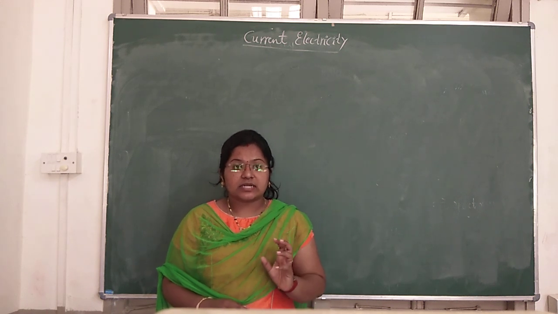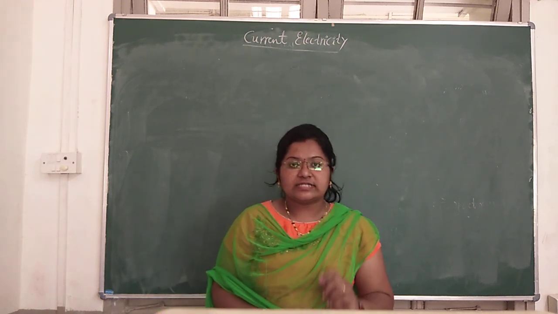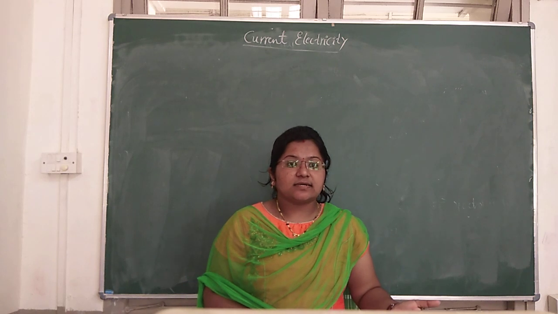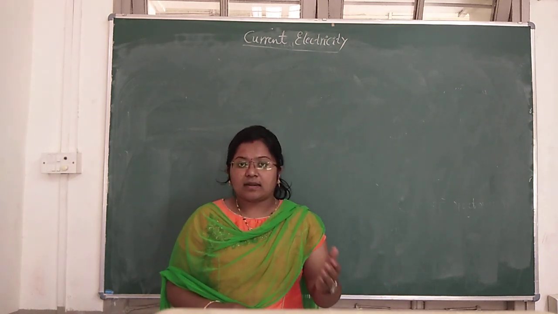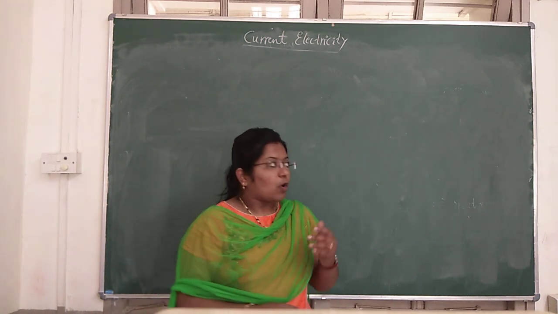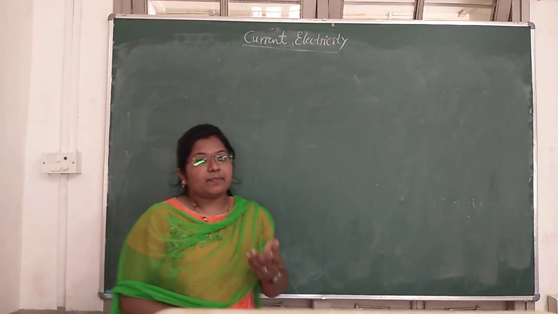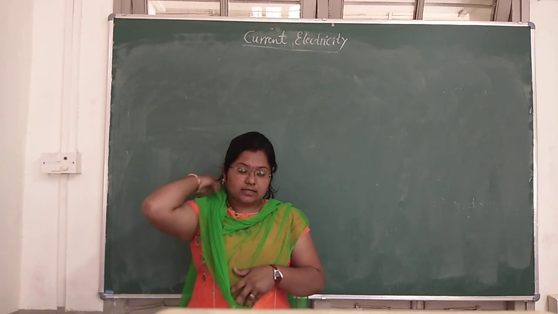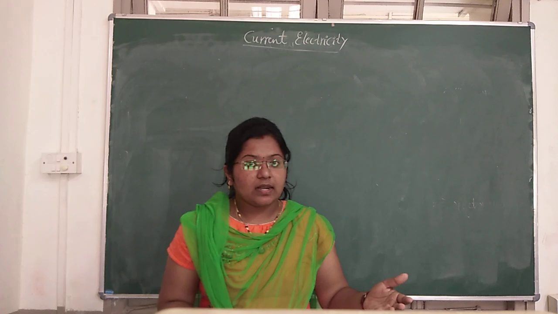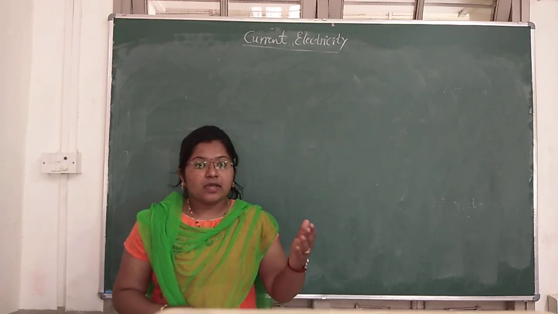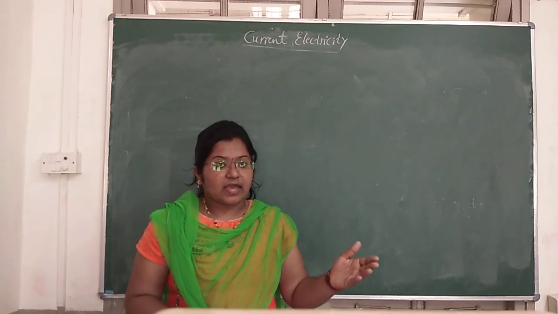Means we have studied the combination of cells. As with resistors, cells can also be combined in series and in parallel. And we have also studied what the current is for a series combination of cells and for a parallel combination of cells.